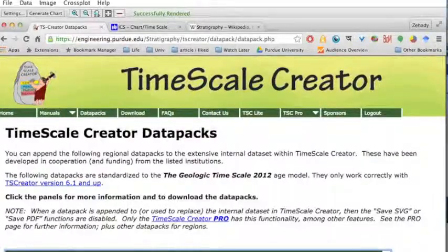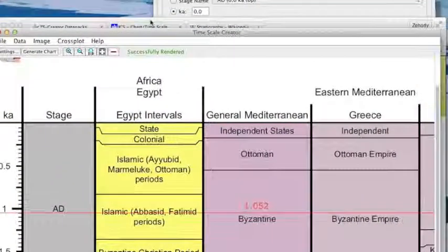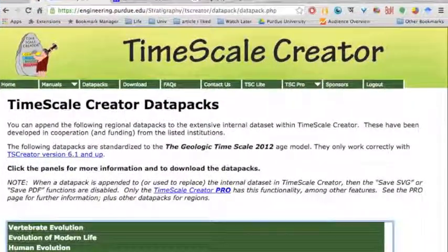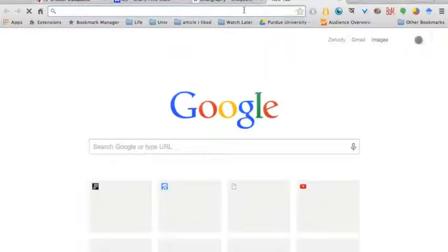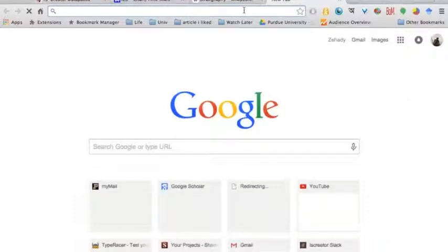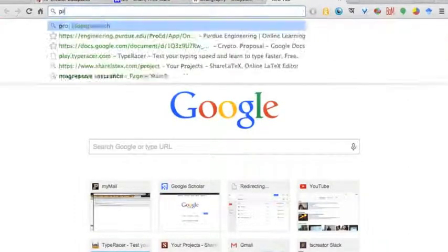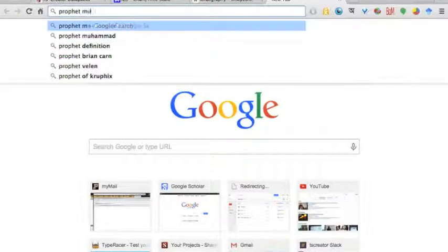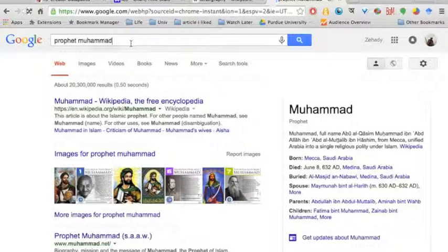As you know, the Prophet Muhammad is the pioneer of the Islamic religion.